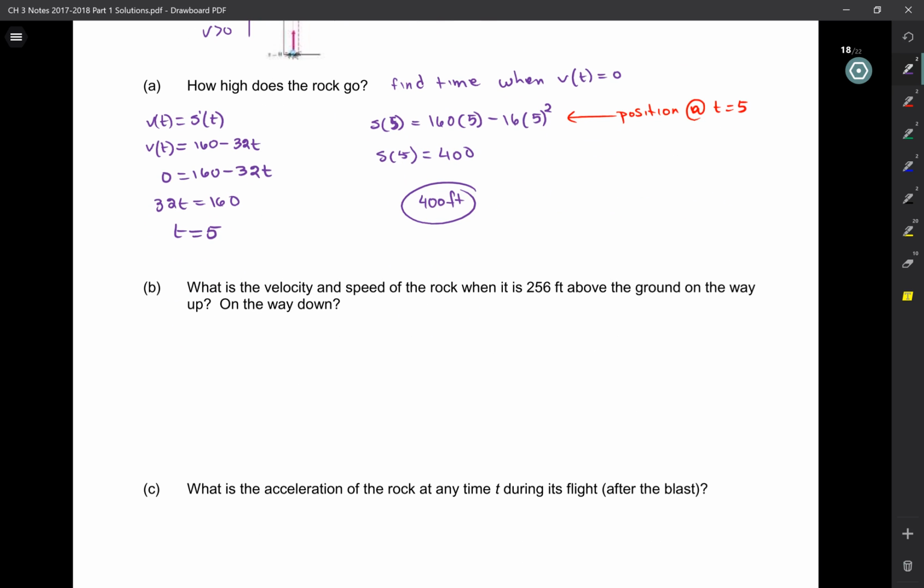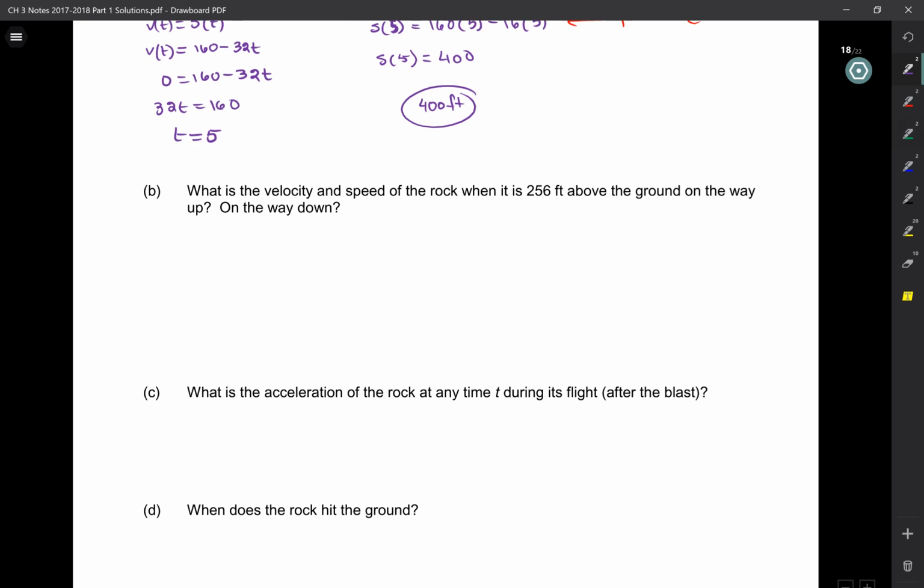What is the velocity and the speed of the rock? So velocity and speed, how are they similar? How are they different? Velocity is s prime, the derivative of position. Velocity is distance over time.